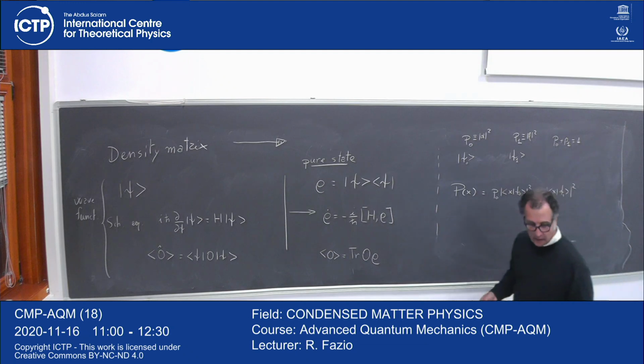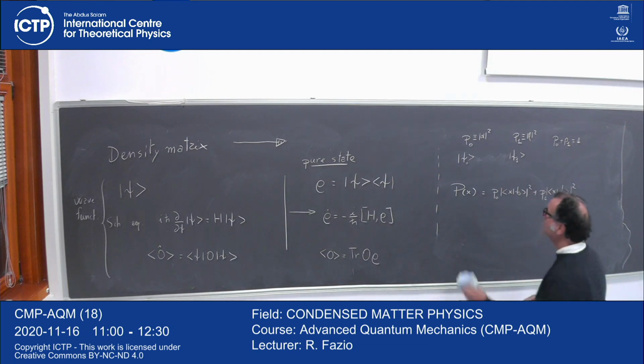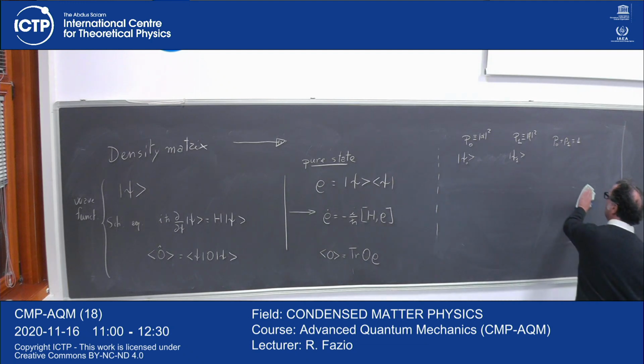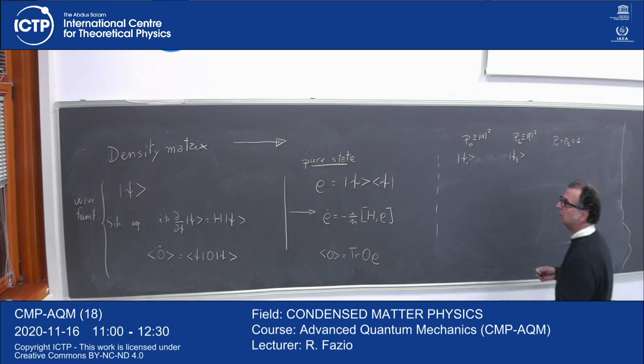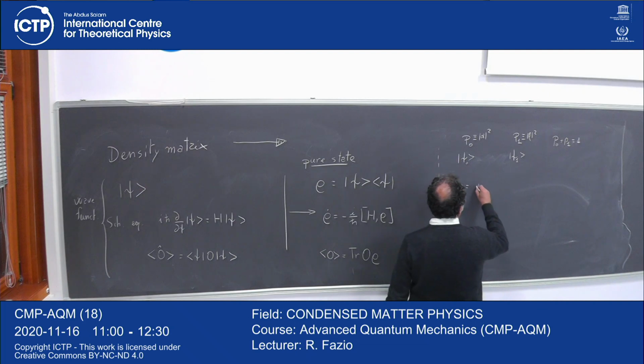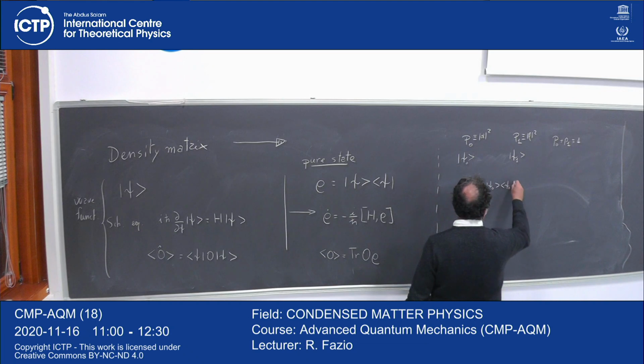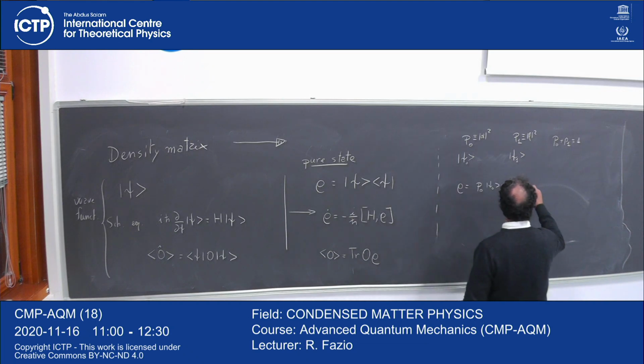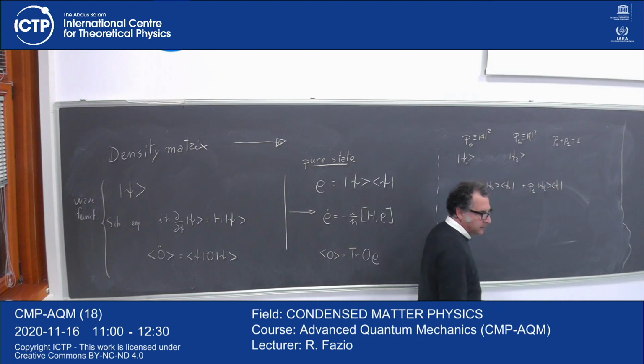However, if I have a density matrix, this is not a problem, because in this case I can introduce rho as P0 |psi 0><psi 0| plus P1 |psi 1><psi 1|. Okay?